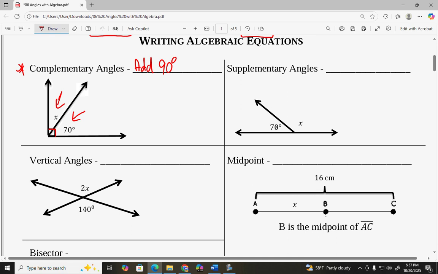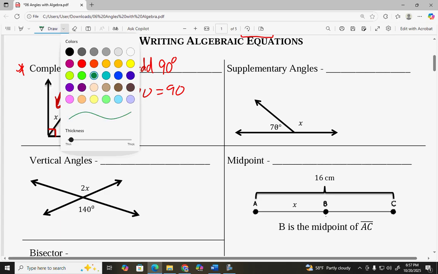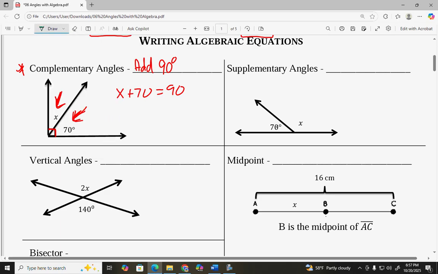So I'm going to say this angle here added to this angle here should be 90 degrees. So we're going to be writing equations for these things and then solving the equation. So when I solve this equation, I do have to subtract 70 from both sides. So I will get that x is 30.